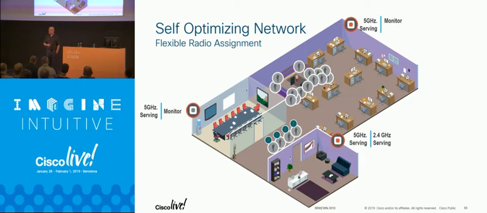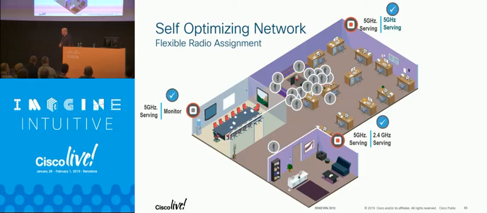But what if you overblow your cell? What if you have a conference room that's supposed to seat 25 people and they bring 50 in extra and everybody's all on video feeds talking to each other? You'll run out of capacity. So if that happens, your capacity changes, I can take that monitor role AP, based on the channel utilization or the actual air utilization, and bring another 5 gigahertz interface on. Well, how do I do that?